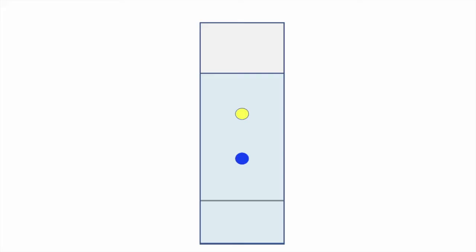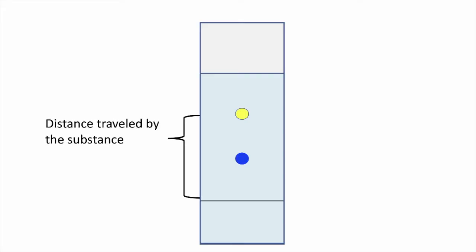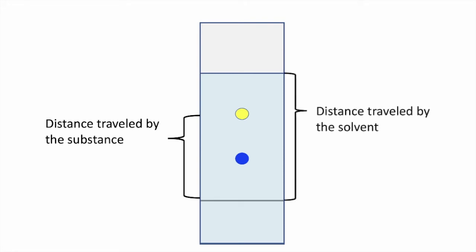When you analyze a paper chromatograph, you use something called a retention factor, abbreviated R sub F. The retention factor is the ratio of the distance that the spot moved above the line to the distance the solvent moved above the line.